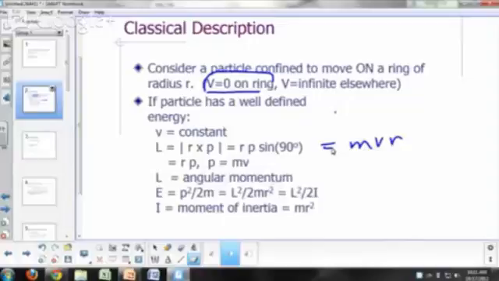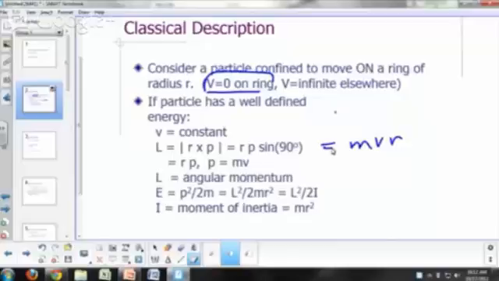And the direction is perpendicular, either pointing away from you or towards you, if the plane is parallel to you. So that's angular momentum.